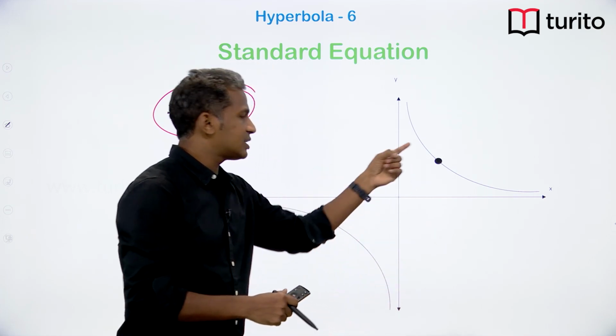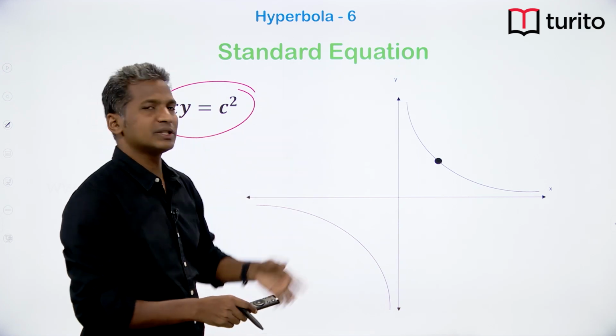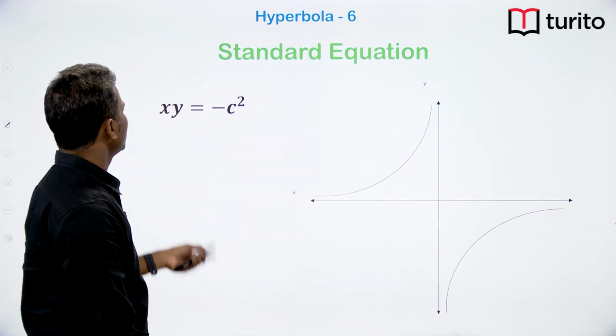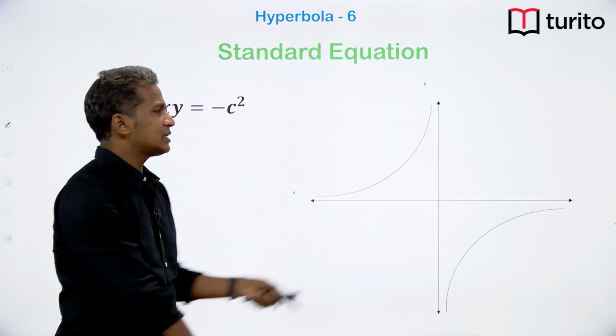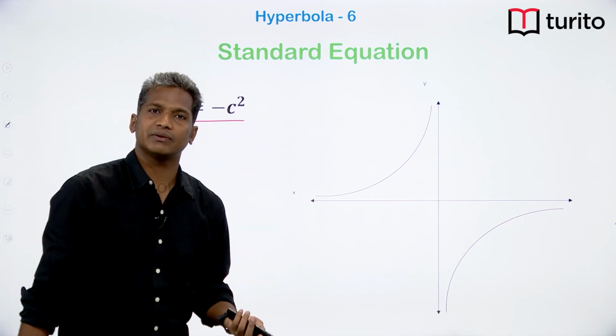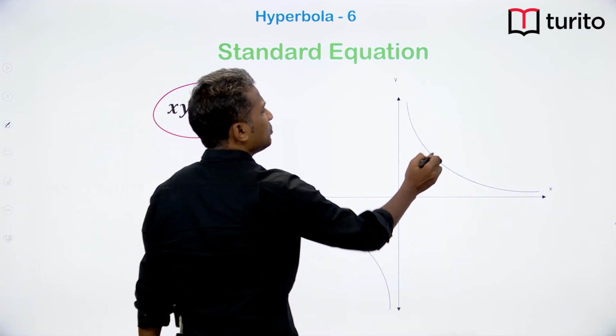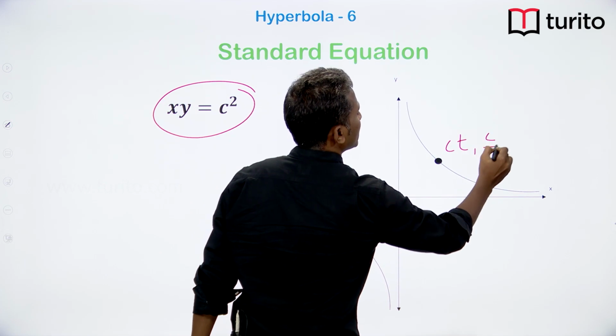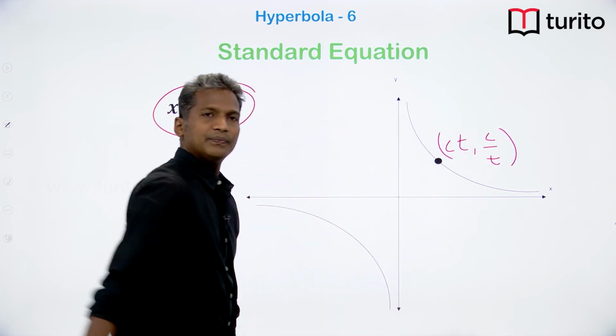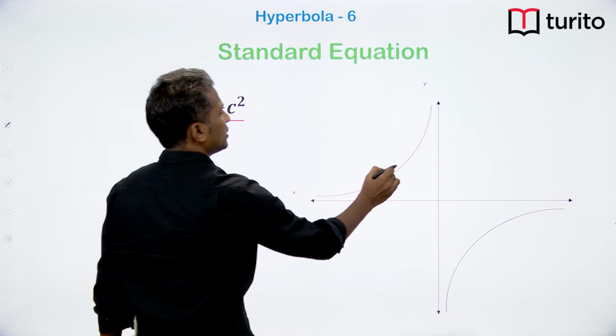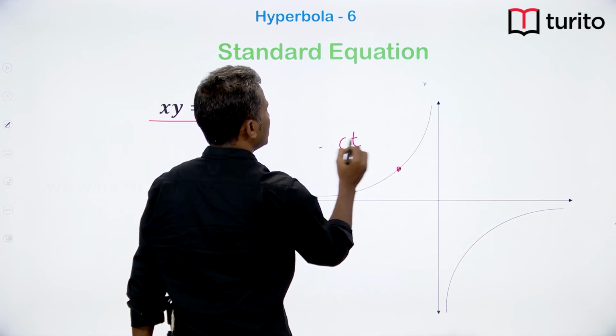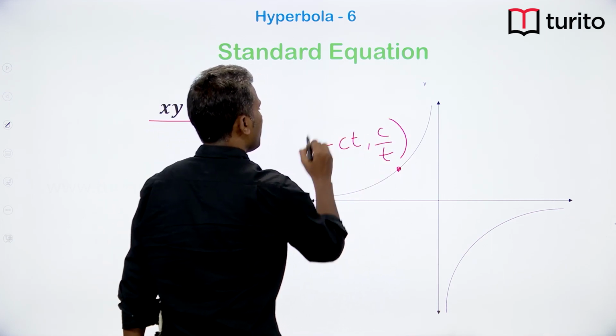And if it is in the first and third quadrants, xy equal to c square is the equation. If it is in the second and fourth quadrants, xy equal to minus c square is the equation. And any point on this curve can be written as Ct, c by t. Now, any point on this curve can be written as minus Ct, comma c by t.